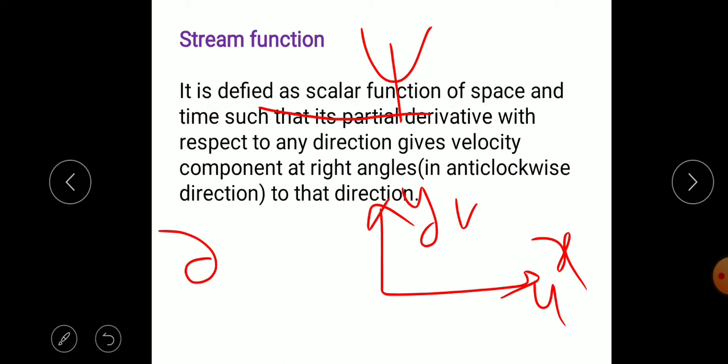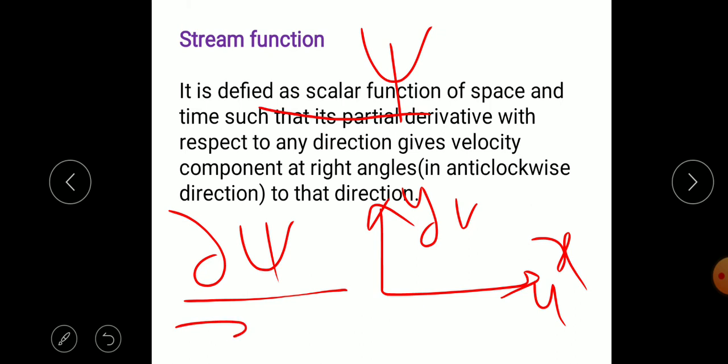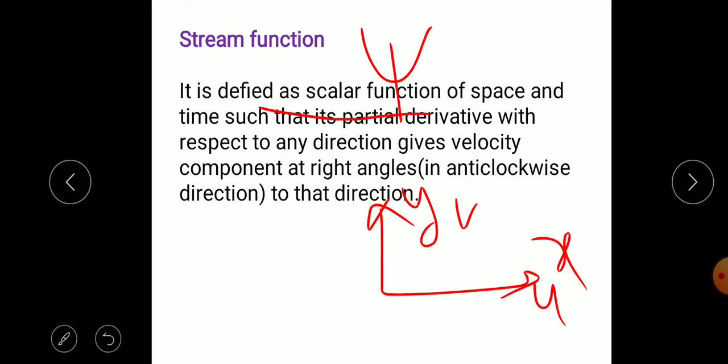And if you take the derivative of the stream function psi with respect to y, since we are taking the anticlockwise direction, it will be negative, so we get minus u. The only change from the velocity potential is this: if we differentiate the potential function, we get the same velocity component, but here we get the component at right angles to that direction.